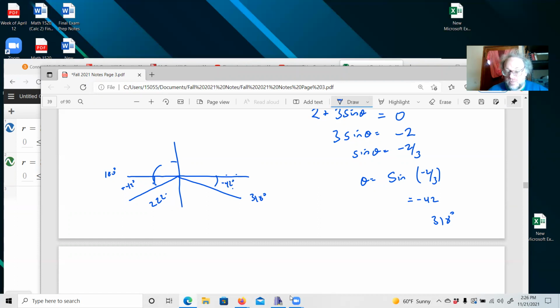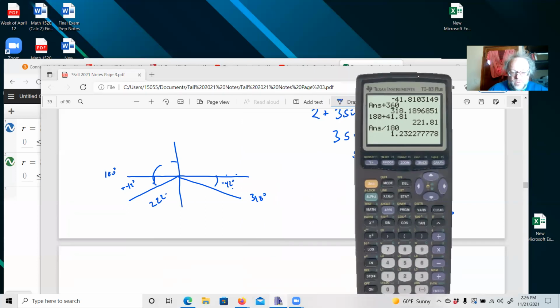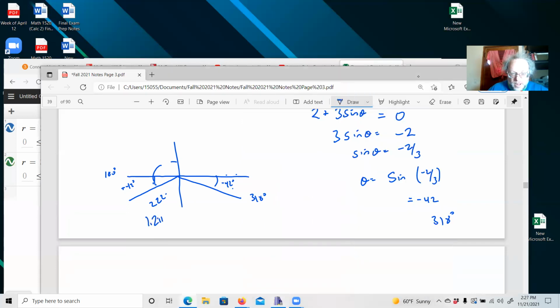We can convert to polar. So converting to polar, 221 divided by 180 times pi is 1.23 pi, so 1.2 pi.